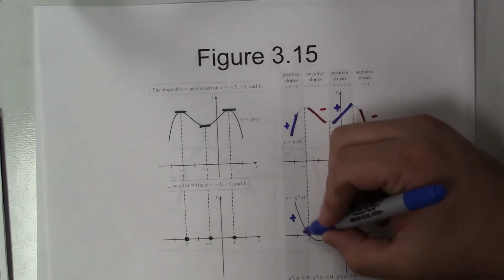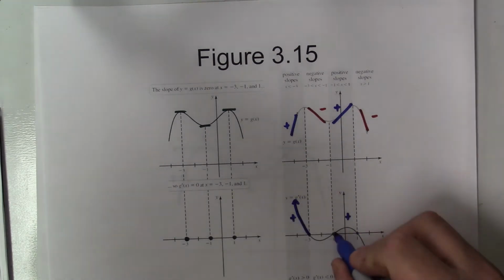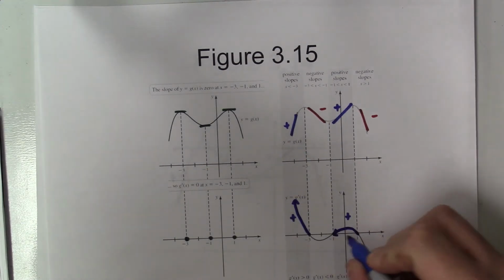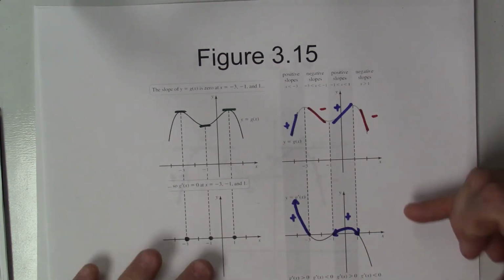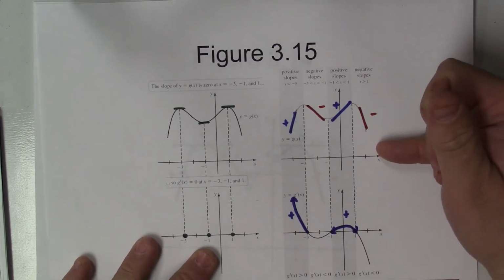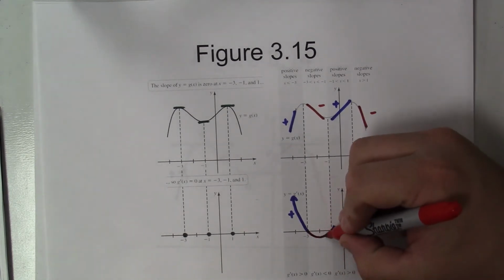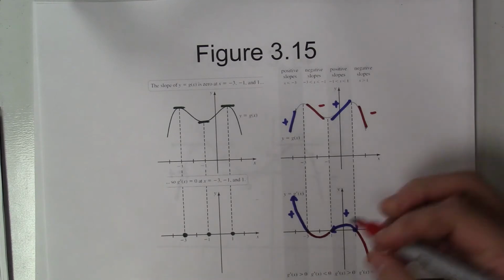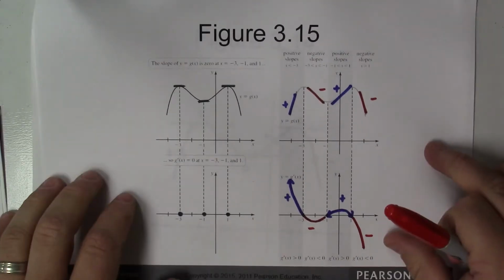So notice, hey, look, I should say that when the slope is positive, the value of the derivative is above the x-axis. And when the slope is negative, the graph of the derivative is below the x-axis.